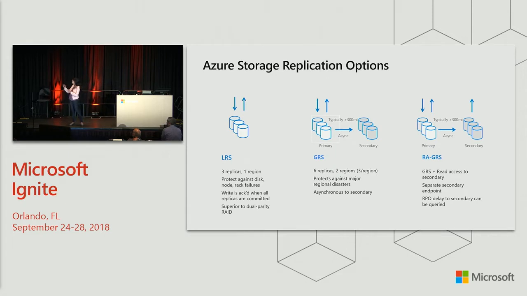To run down the different replication options, the cheapest, most basic option is called locally redundant storage. This essentially means that we have 3 copies or 3 replicas of your data, locally in the region where you've created your storage account. This helps protect you against node, rack, and those kinds of failures.